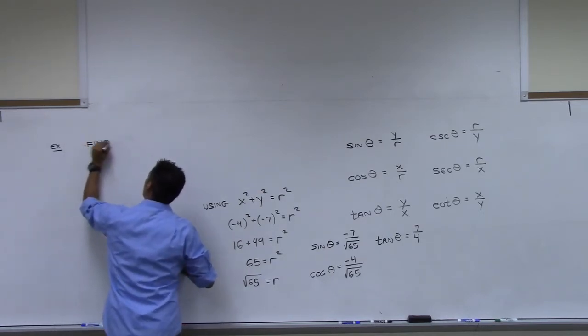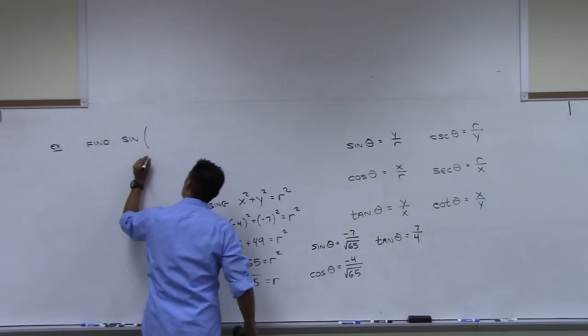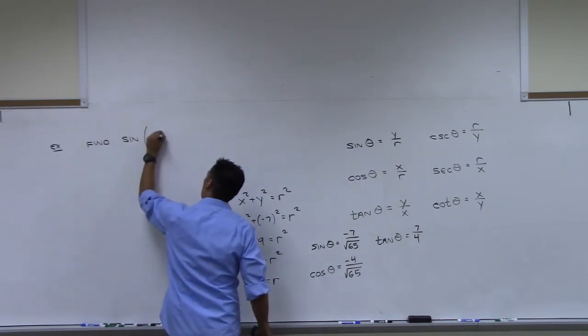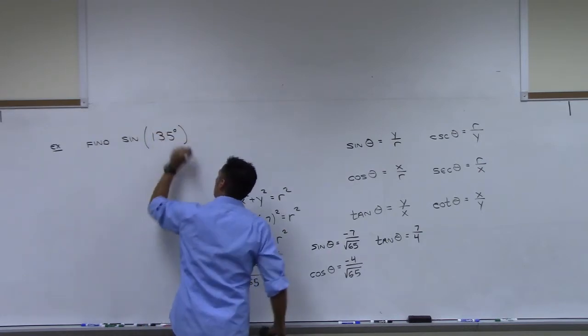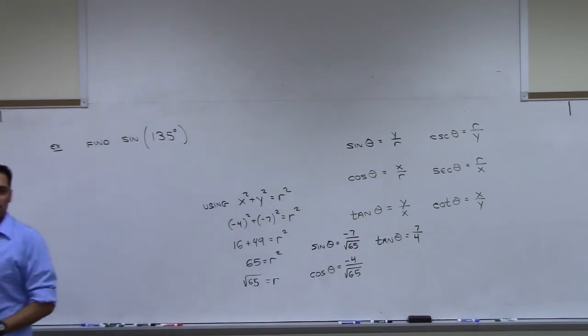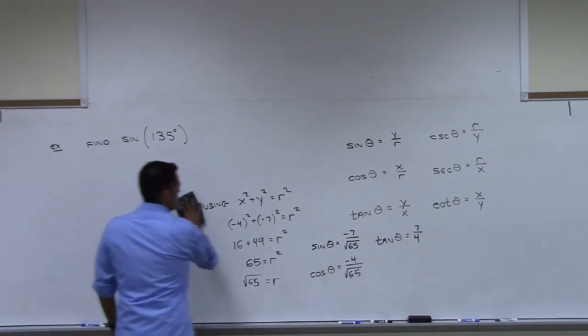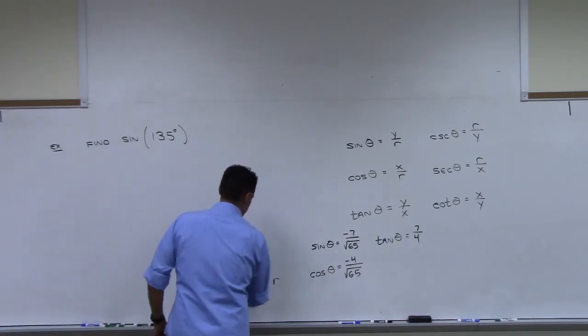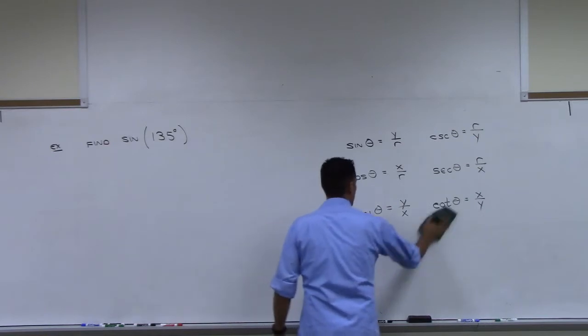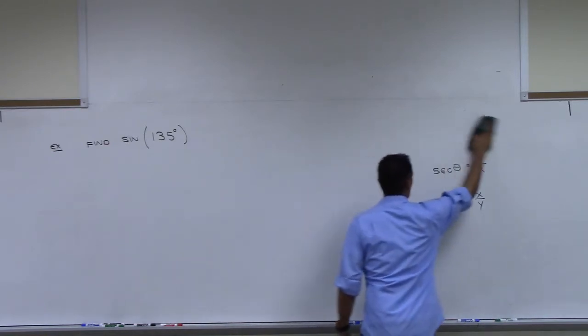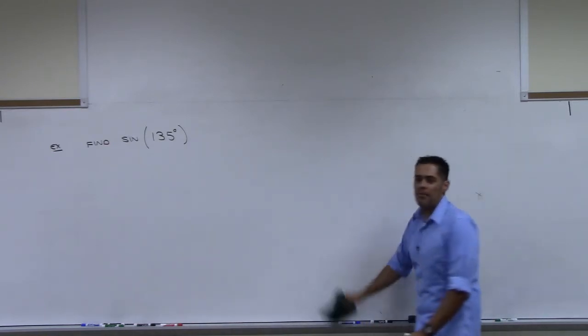Find sine of 135 degrees. No calculator allowed. Okay, so no calculator. Now, if we had x, y, and r, we would be able to do it, right? But we don't have that.